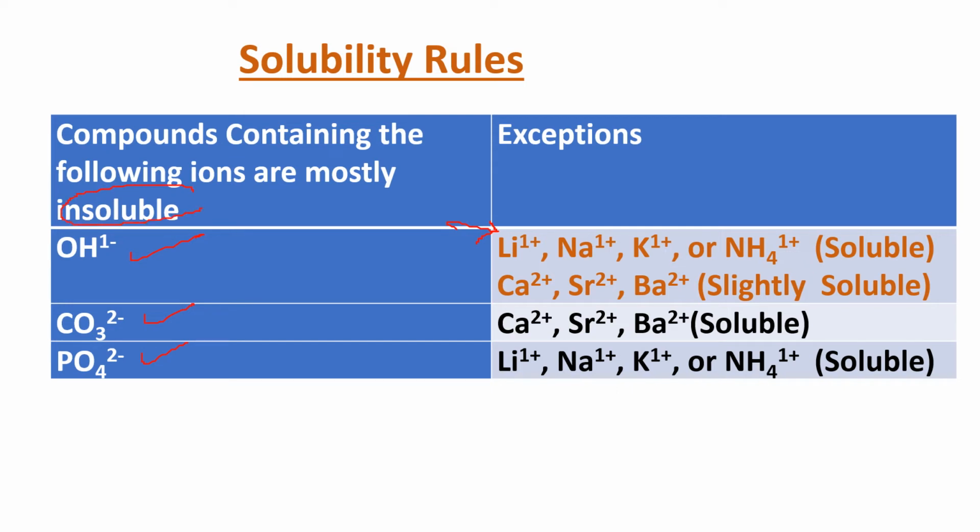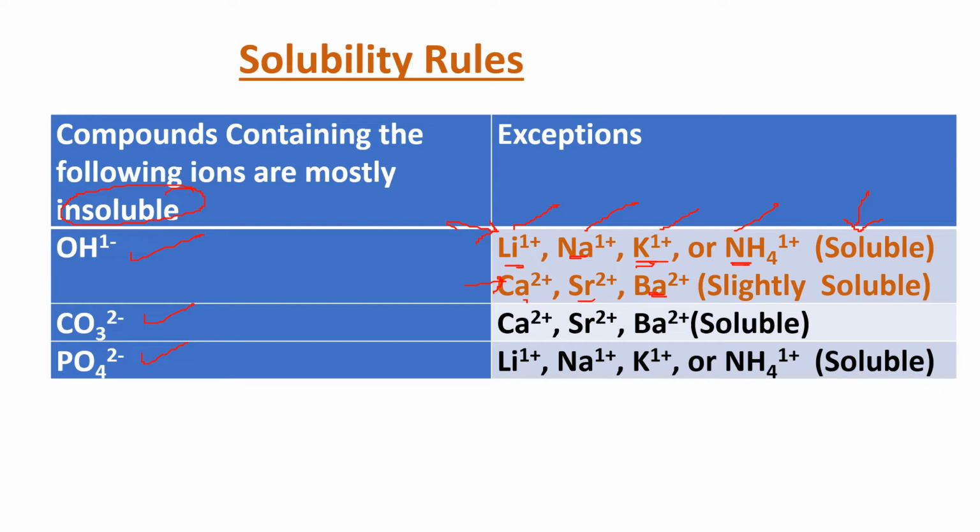But if lithium, sodium, potassium or ammonium are present, meaning lithium hydroxide, sodium hydroxide, potassium hydroxide, then ammonium hydroxide, they are soluble. Calcium, strontium and barium are slightly soluble, meaning calcium hydroxide, strontium hydroxide, barium hydroxide are slightly soluble.